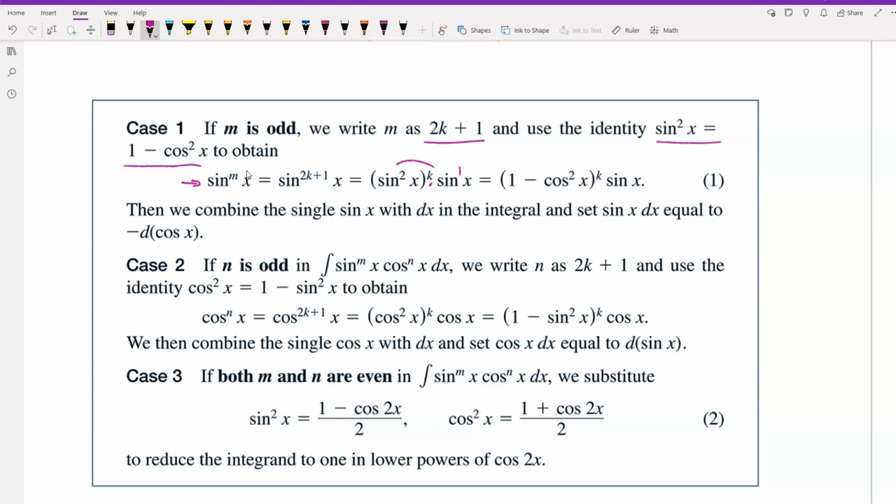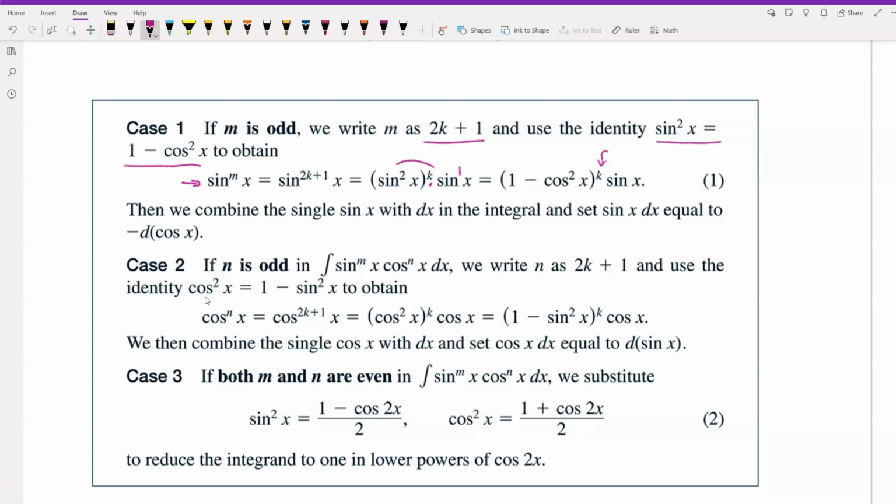We have multiplication with the same base, so we add the powers: 2 times k plus 1, which is m. Instead of sine squared, we can use 1 minus cosine squared, and outside we have this power k multiplied by sine x. Then we combine the single sine with dx in the integral and set sine x dx equal to negative d cosine x.